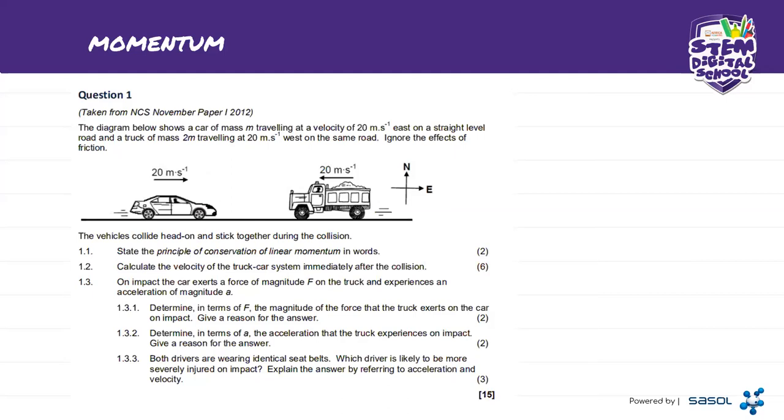So which means that it's got much more force than this smaller car. In as much as they're traveling at the same speed, their mass is not the same. But because this mass is twice the mass of this small car, then it means that this small car is the one that's going to be severely damaged because it's much smaller than the truck, okay?